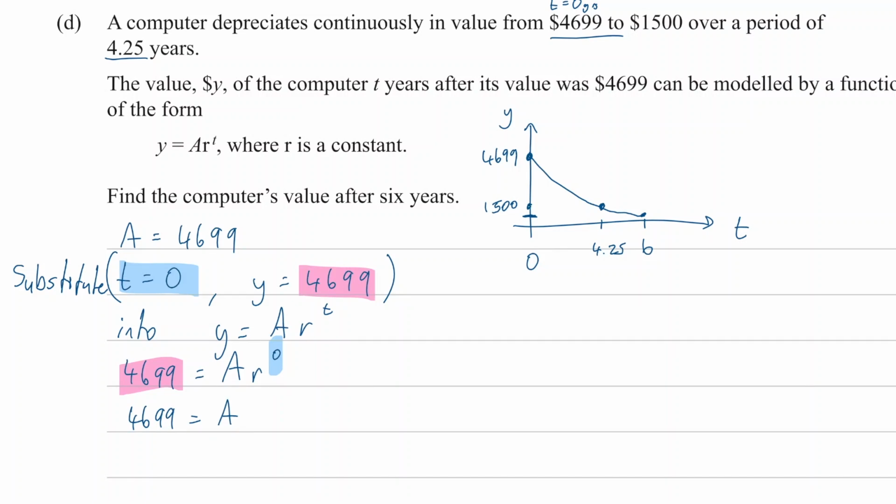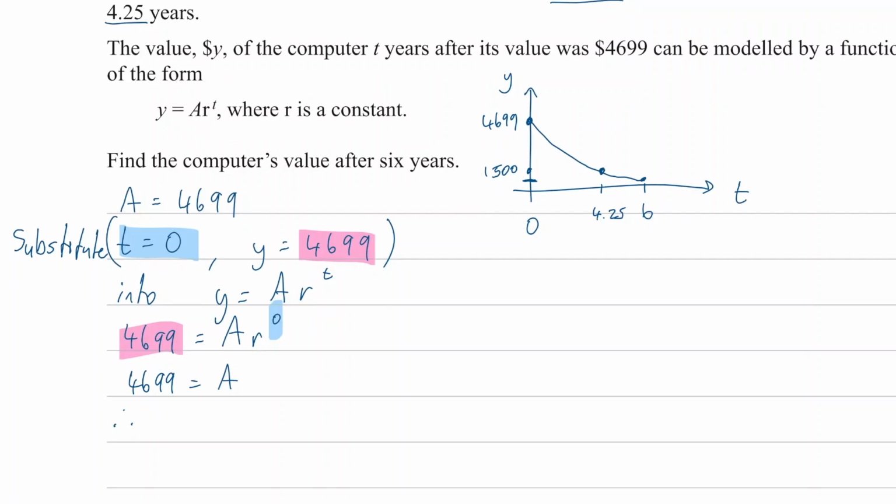We found some information about our model, so let's put it back in: y equals 4,699 times r to the power of t.